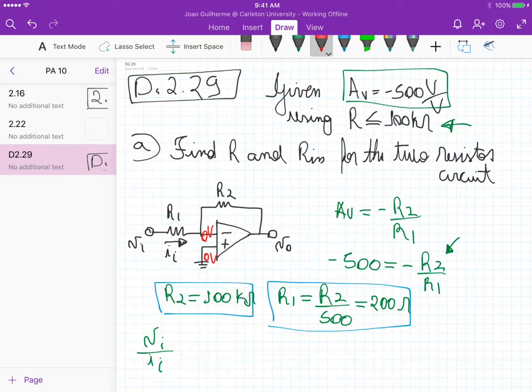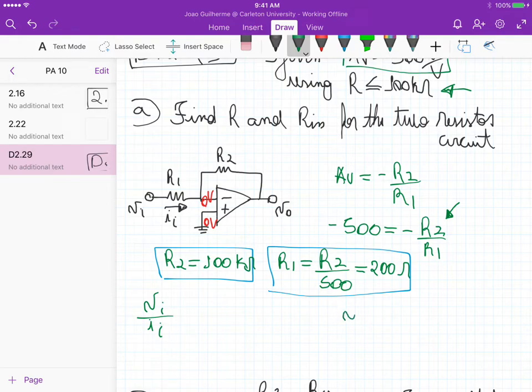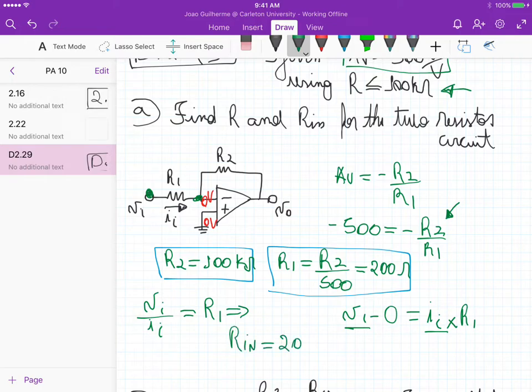To calculate the input resistance, first we know that VI minus the potential here, so minus 0, is equal to the input current times R1. If we isolate this ratio, VI over I1, we get that it is equal to R1. So in our case, the input resistance is equal to R1, that is 200 ohms.